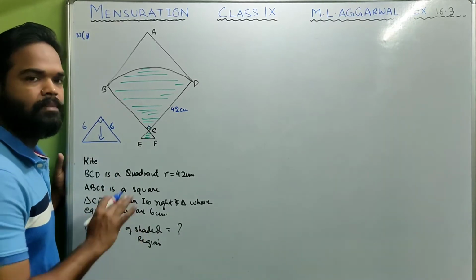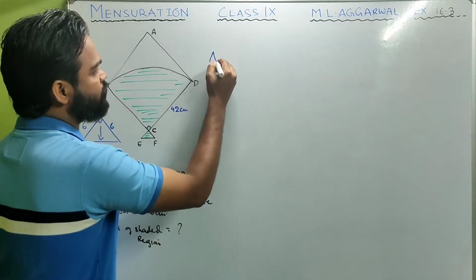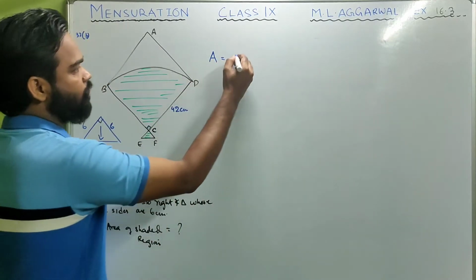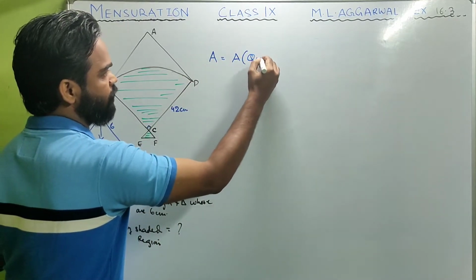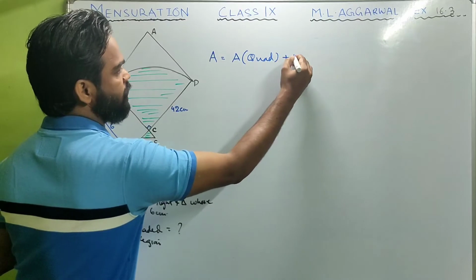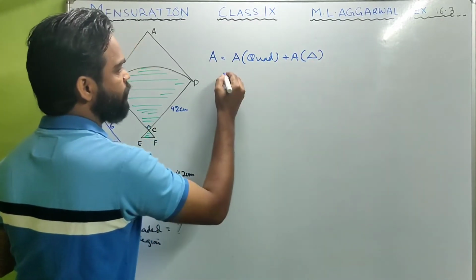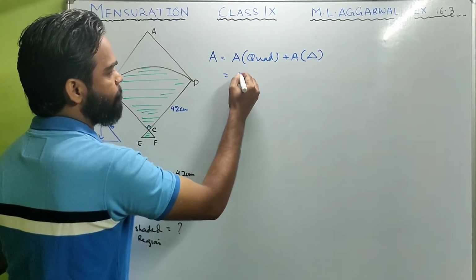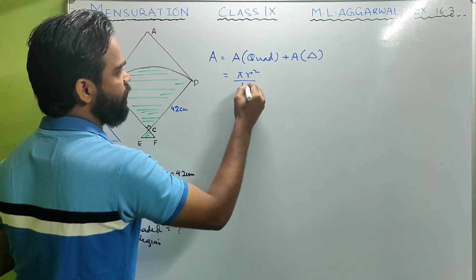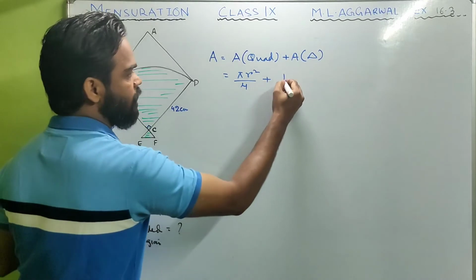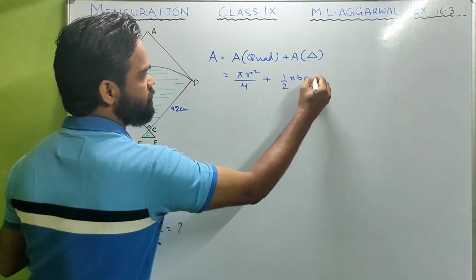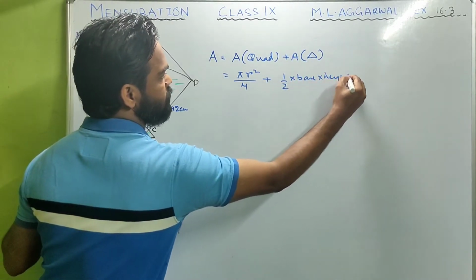Find the area of the shaded region. Pretty easy. Area of the shaded region will be area of the quadrant, just look carefully, plus area of the triangle, isn't it? Area of the quadrant is pi r square by 4, and area of triangle will be half into base into height, isn't it?